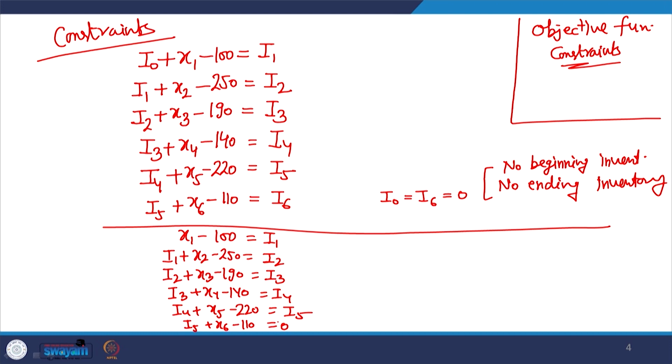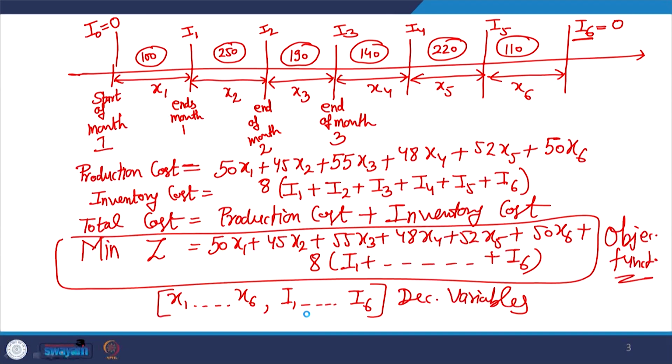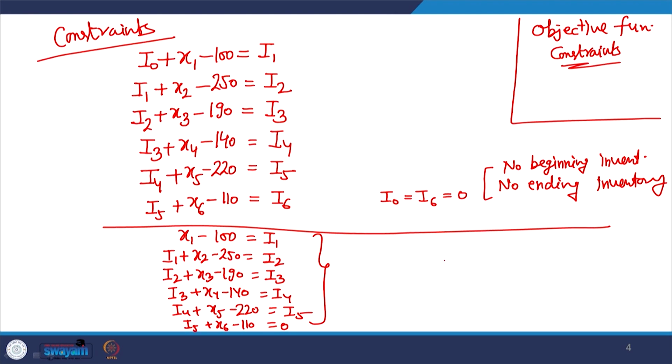So, these are the constraints. Objective function we have already developed, these are the constraints, and then the last thing, the non-negativity constraints.